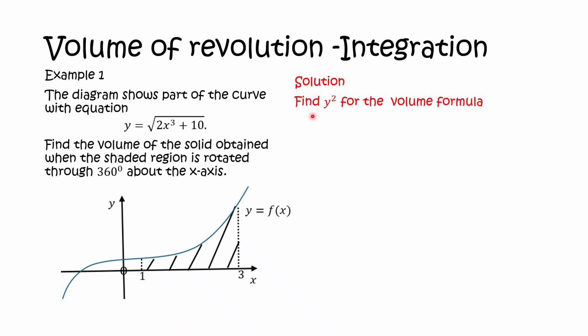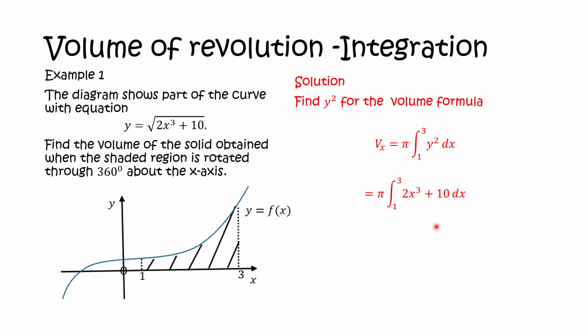Now, because the coordinates are already known in this case, we are going to substitute those limits with the y squared. So we know that our y squared would just cancel with the square root, so that we have pi times the integral from 1 to 3 of 2x cubed plus 10 dx.